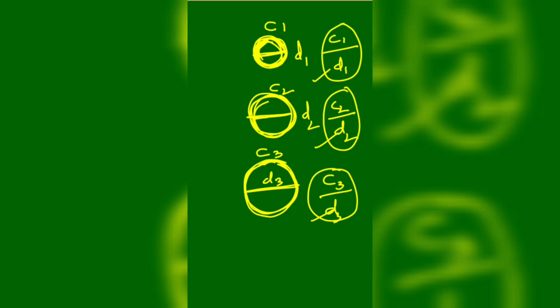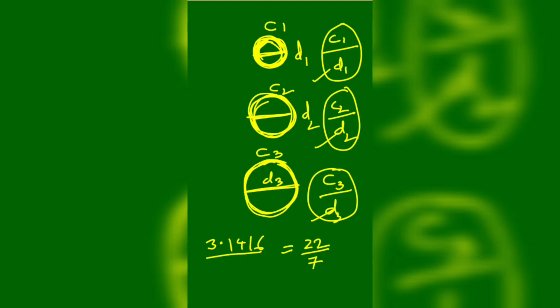Let this border, or the circumference, be C3 and the diameter be D3. So again I divide the circumference C3 by D3 and again I get the same number. What is that number? 3.1416, say approximately. Some books will mention 22/7.